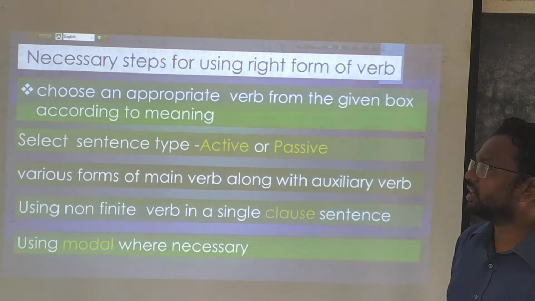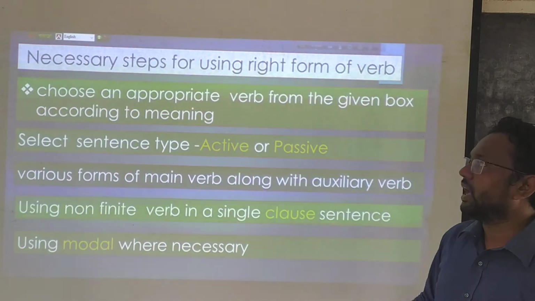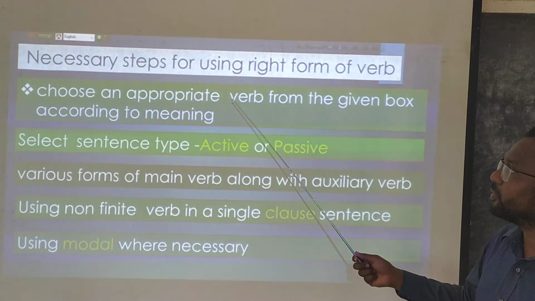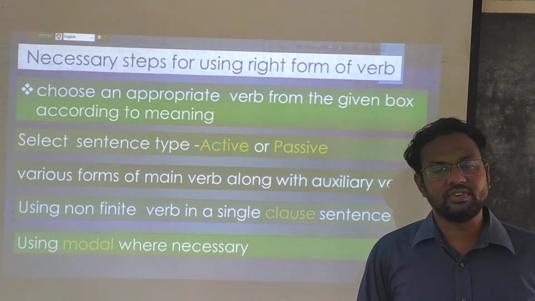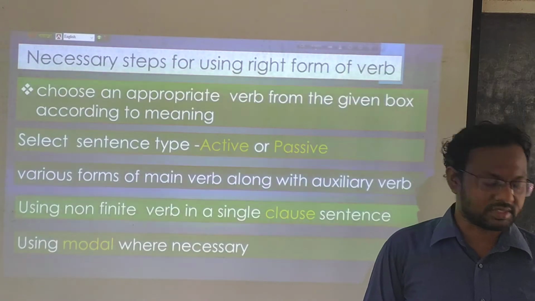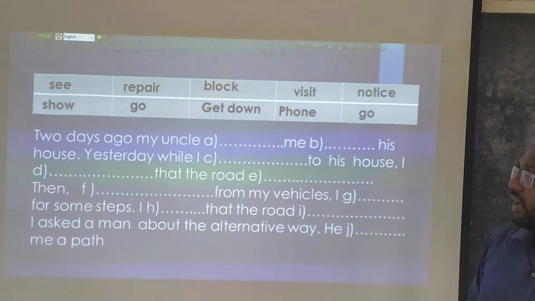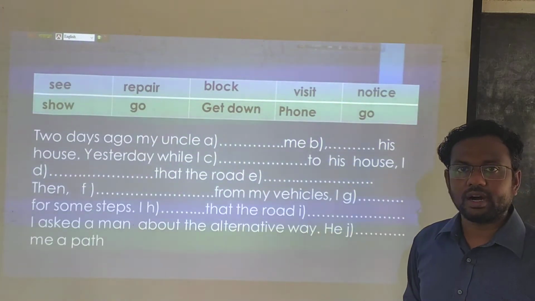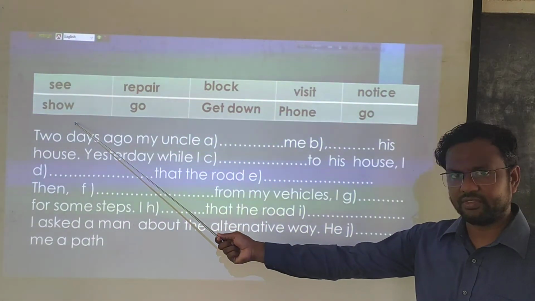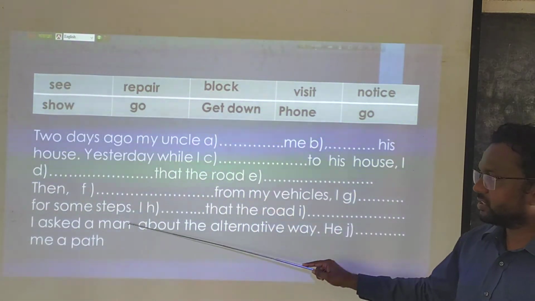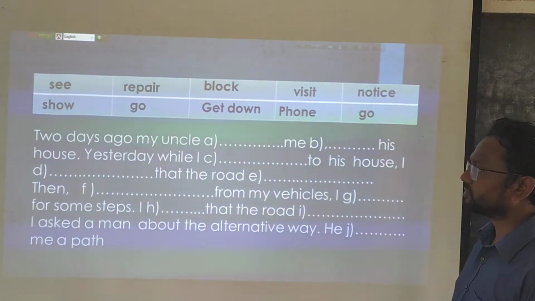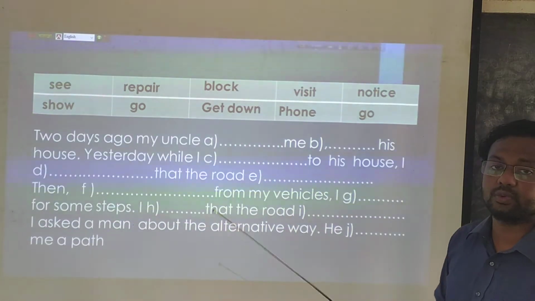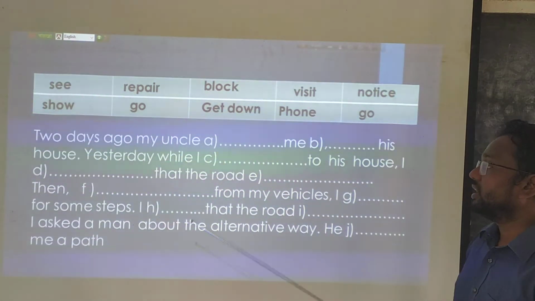Dear students, today I will discuss how we will choose the appropriate verb from the given box for the right place. Here we find that some verbs have been given, and a passage is also shown. In this passage we have found some gaps.